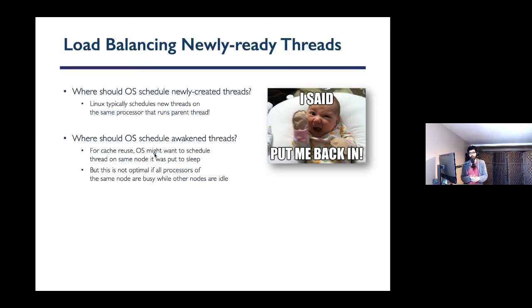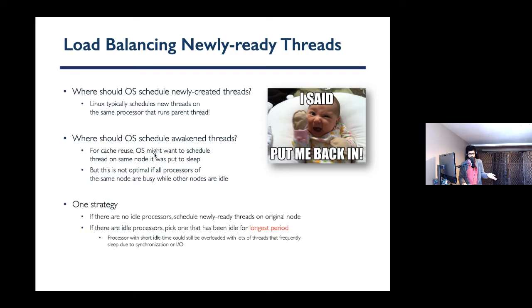What if that CPU that was the home of this thread is overloaded? By just putting them back to where their parents were, or where they ran last time, we're missing an opportunity of exploring other cores that are empty, because this is like a new thread. I can put it anywhere I want, sort of.